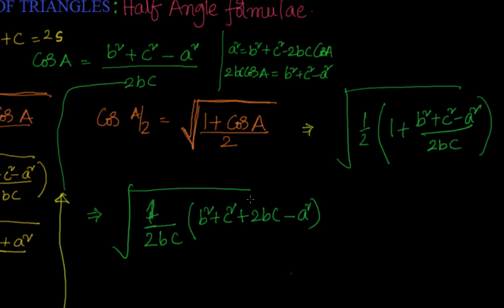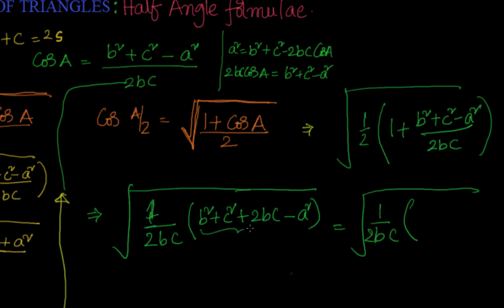Now can you think how we can write this? I'll have 1 by 2BC into, this is nothing but B plus C whole square minus A square.